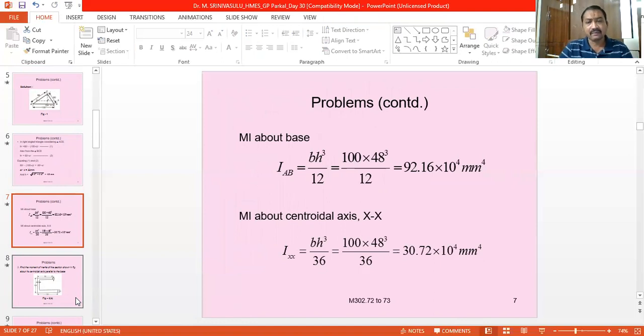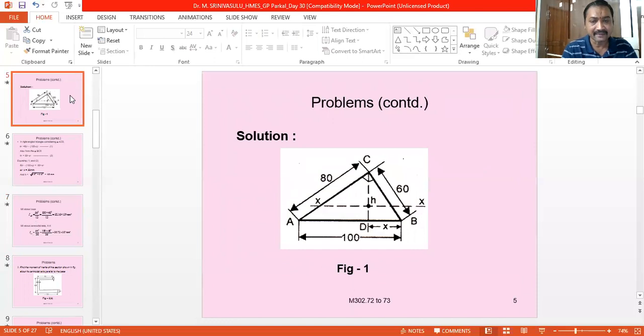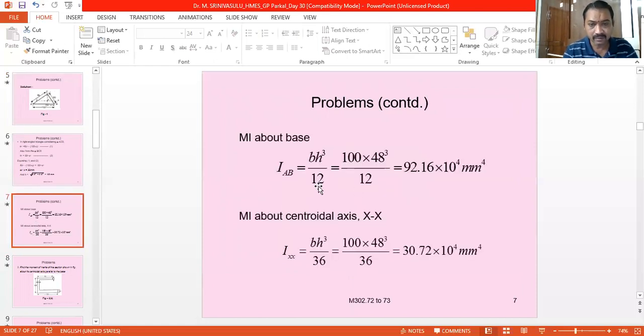Now our task is the moment of inertia of the triangle about the base. For the base we have the direct formula: the moment of inertia of the triangle about the base IAB is equal to bh cube by 12.